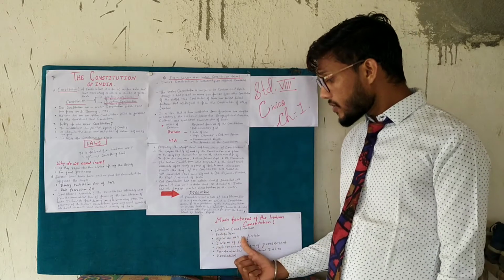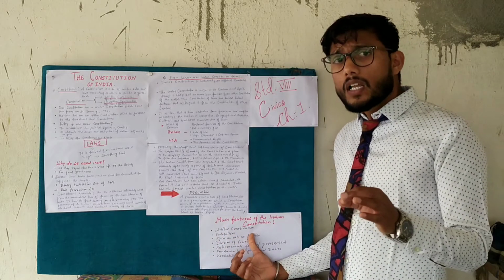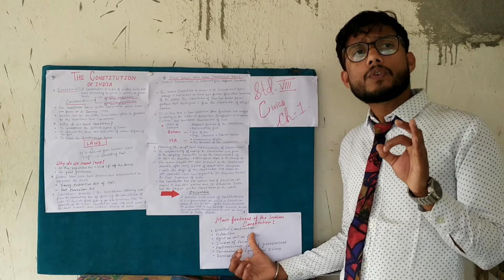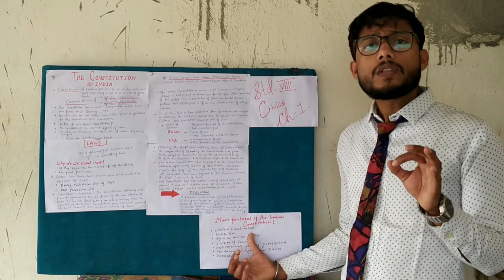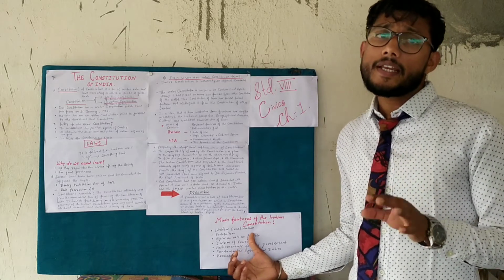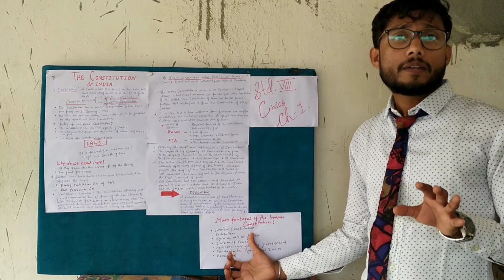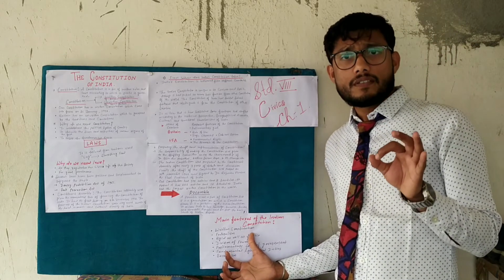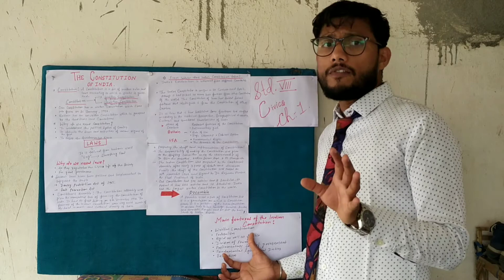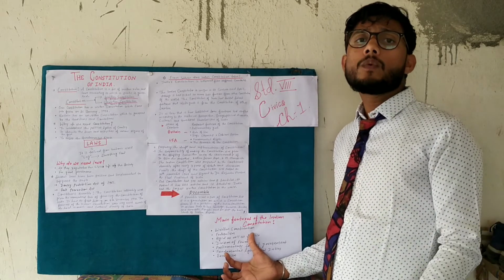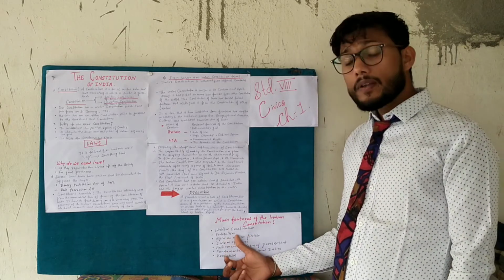Written constitution means that all the rules and regulations are written in our India's constitution. That means laws are fixed for all of us, and all are equal in the eyes of law.